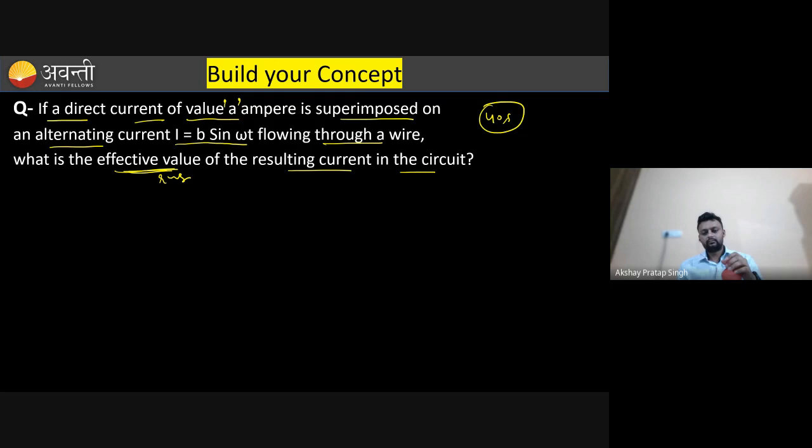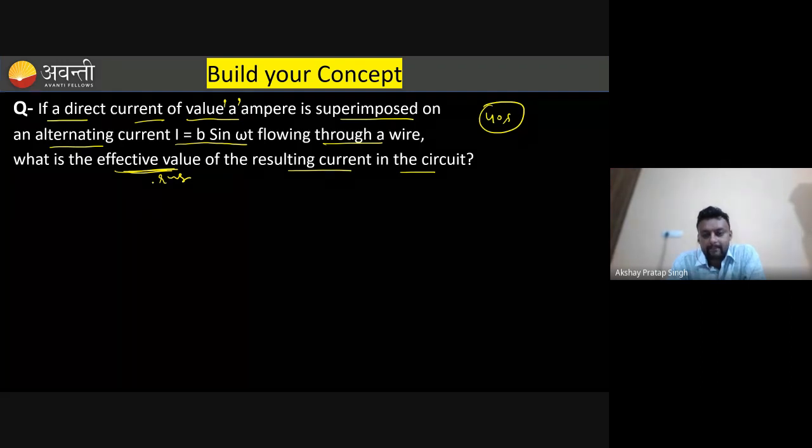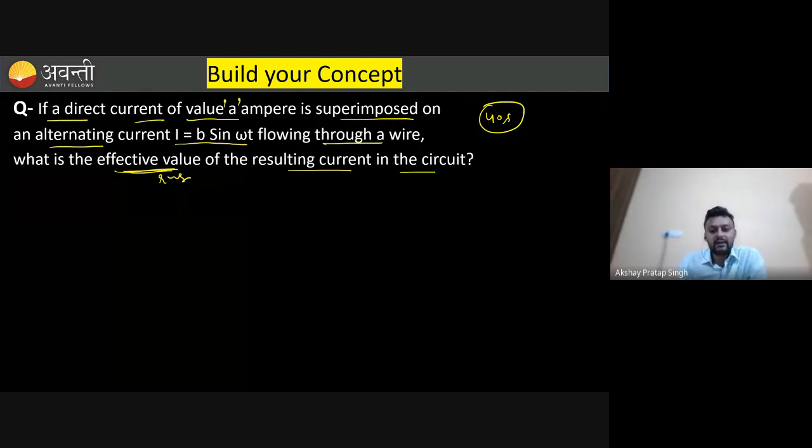Sorry. Should I start? B divided by root 2. Okay. JNVPT is saying B divided by root 2. Okay. Anyone else with the answer?